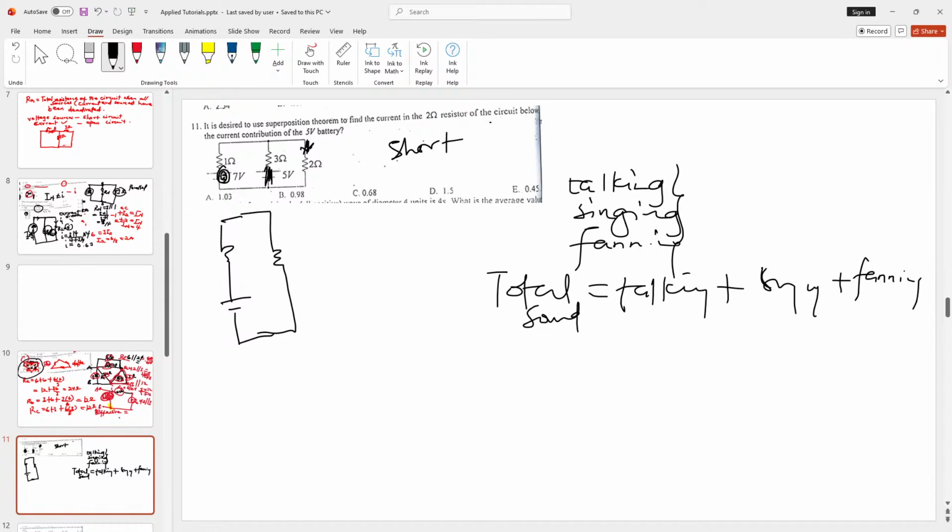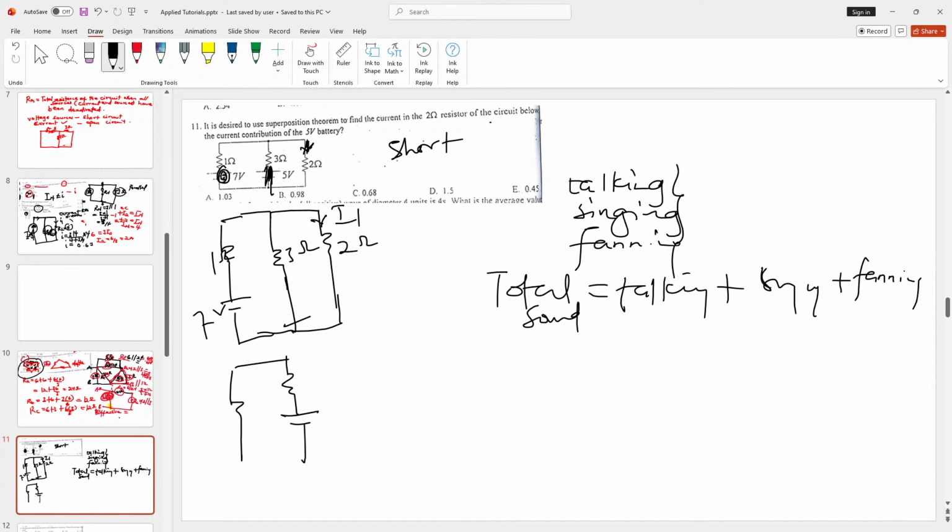So you see, I drew a straight line here, so I've short circuited it. And after we are done, we find the current, let's call it I1, passing through the 2 ohm resistor. After we are done, we do it again, but this time we short circuit the 7 and make the 5 volts act alone.